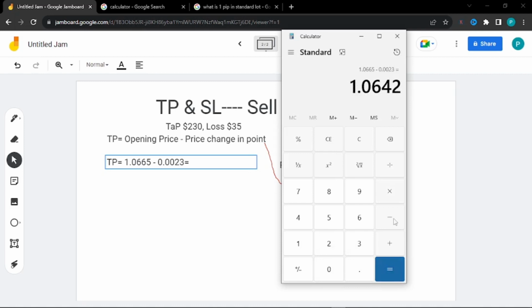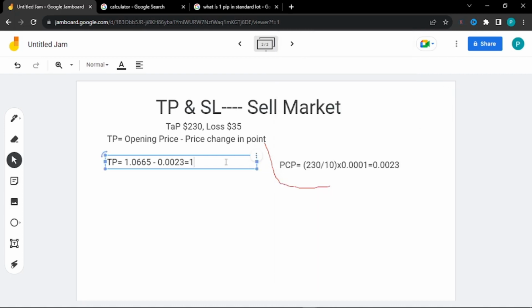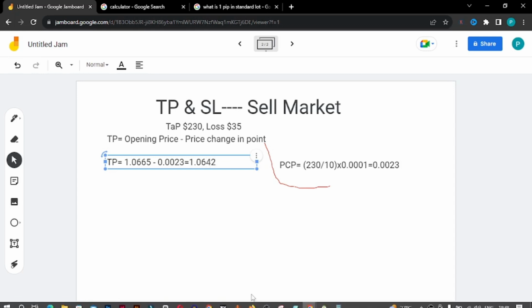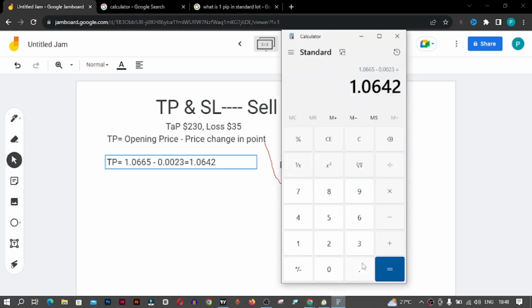So this will give us 1.0642. So this is actually the result you get from it. Let me just confirm to make sure everything is correct.